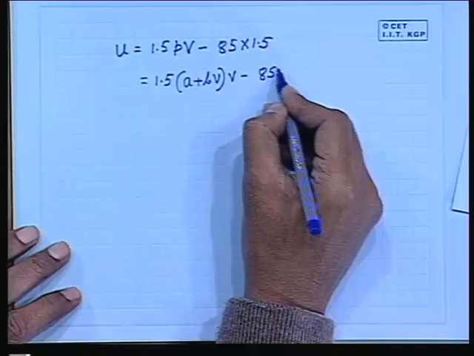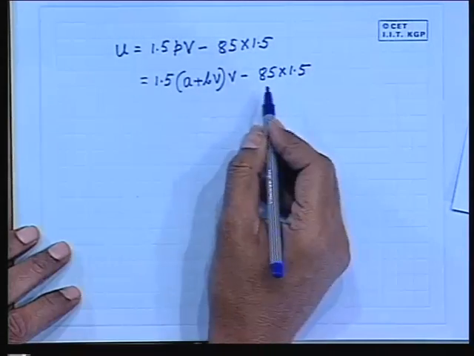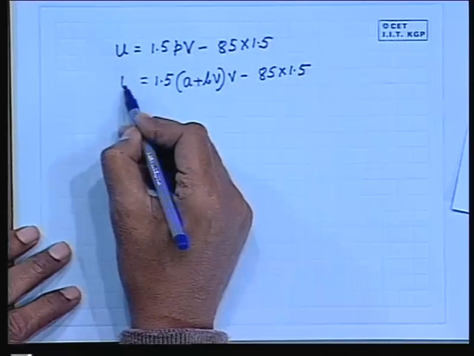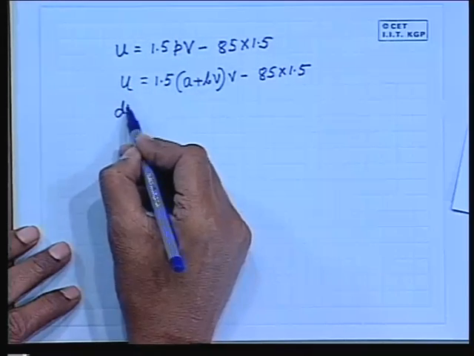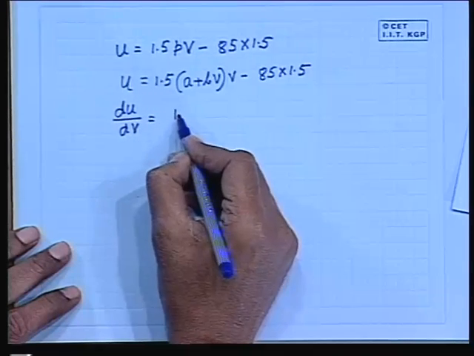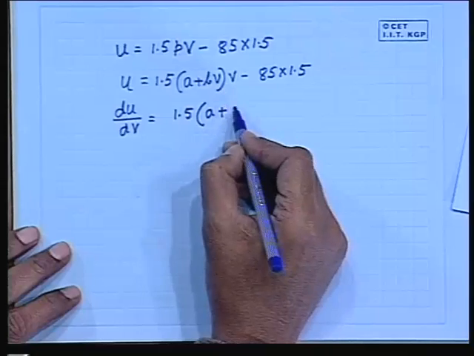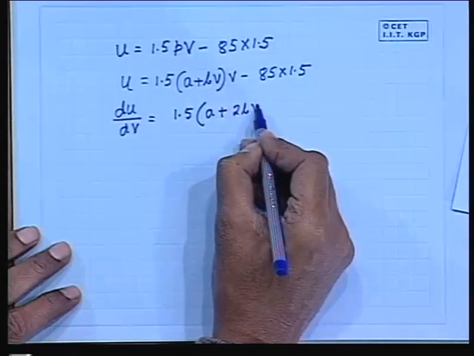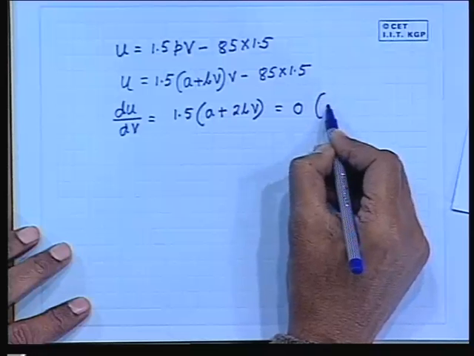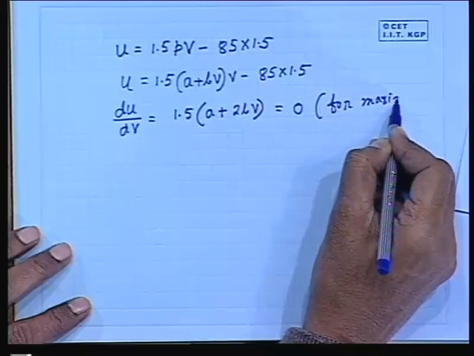It doesn't matter whatever it is, it will be required when you find out the maximum internal energy. So you make dU dV. What is dU dV? 1.5 into A plus 2BV, and set this equal to 0 for maximum.